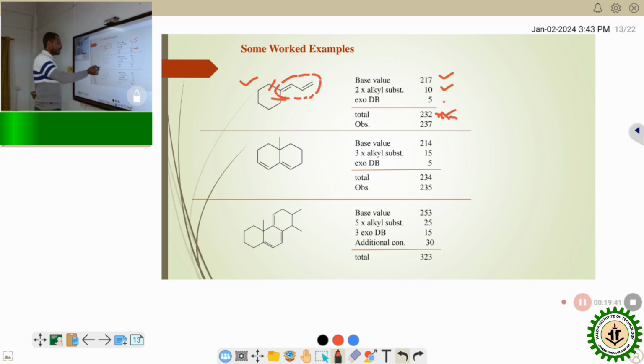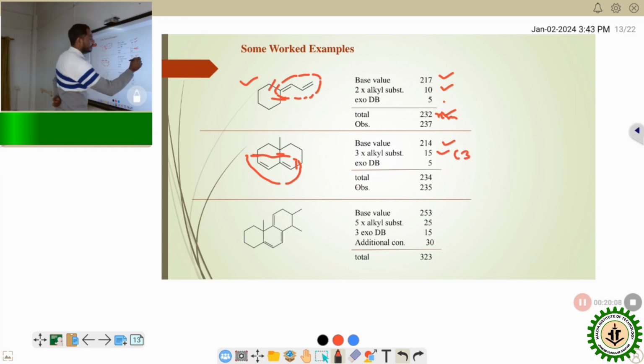In this case, this is a heteroannular diene system and the base value we consider is 240. This is the base value. So here you see this is your system, and this is an R group, alkyl group. Here three alkyl groups, or three ring residues, are present. For three ring residues, add 3 into 5, that is 15.